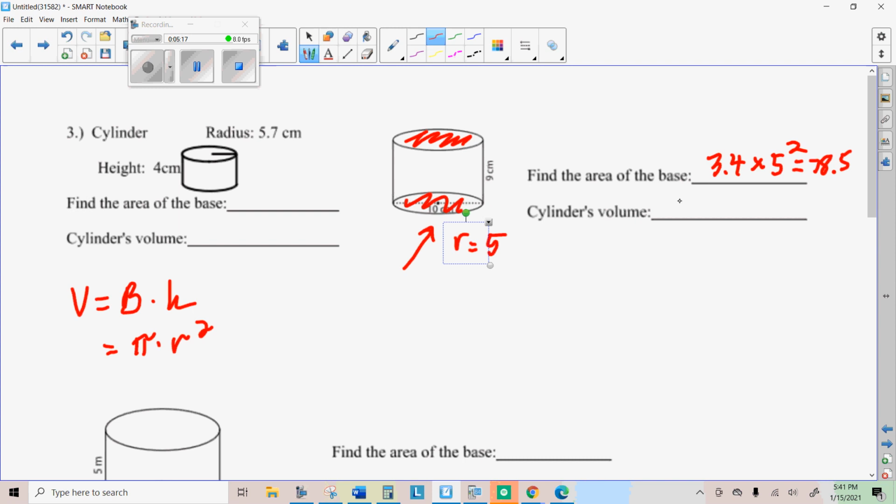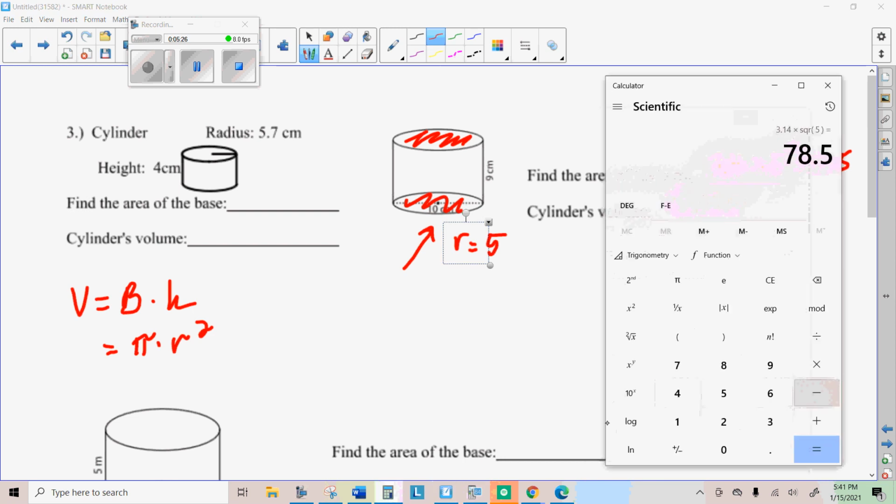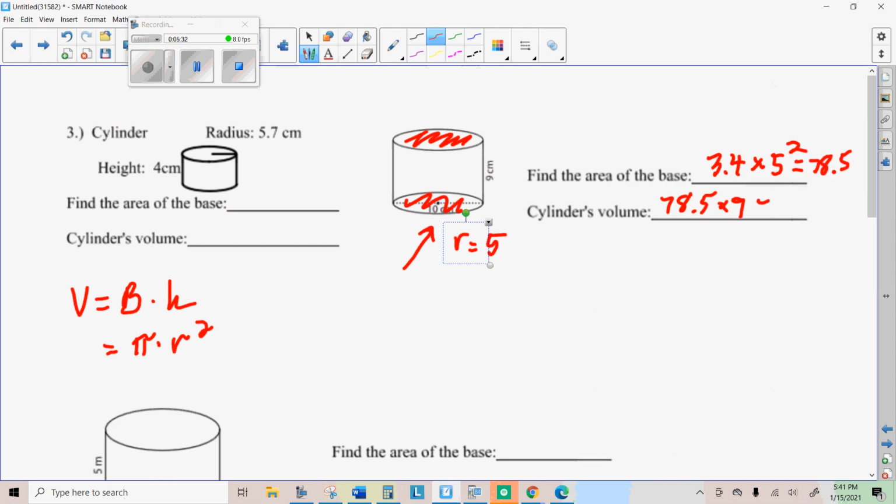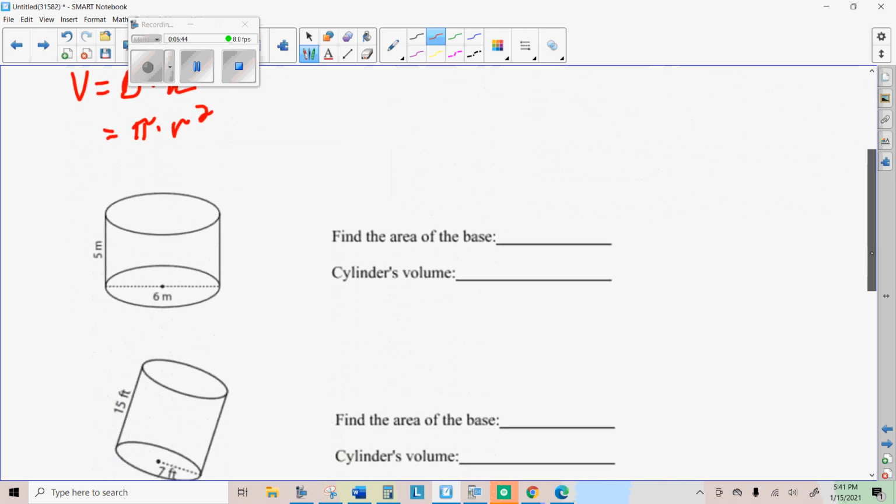So that would be 9. So I'm going to take my 78.5 times 9, and I get 706.5. And that would be centimeters cubed, cubic centimeters. All right, so you do the rest of those cylinders.